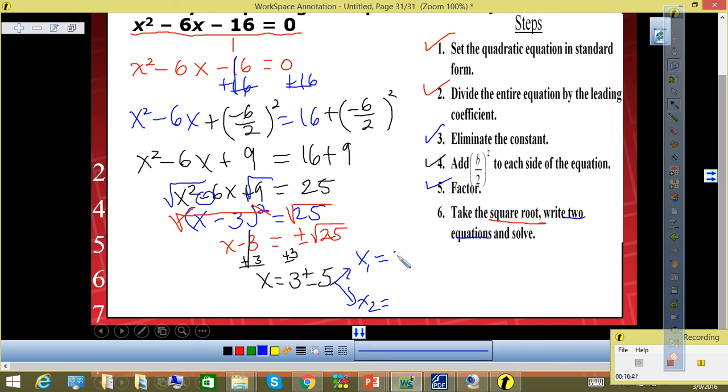What is x sub 1, everyone? 3 plus 5, and that is 8, so we solved already. 3 minus 5, and that is negative 2. And these are my x-intercepts, my roots, zeros, solutions. Yes?